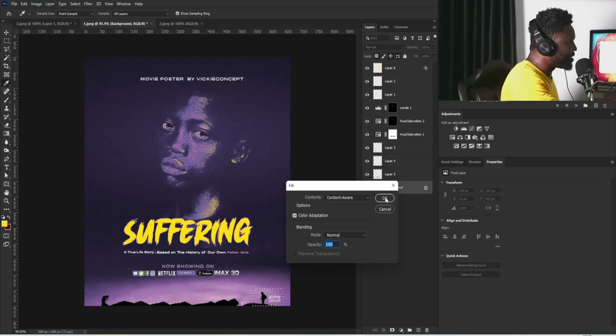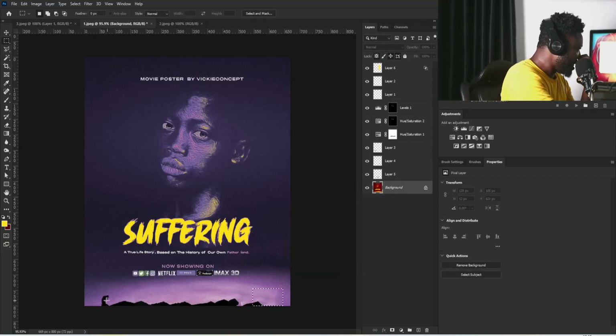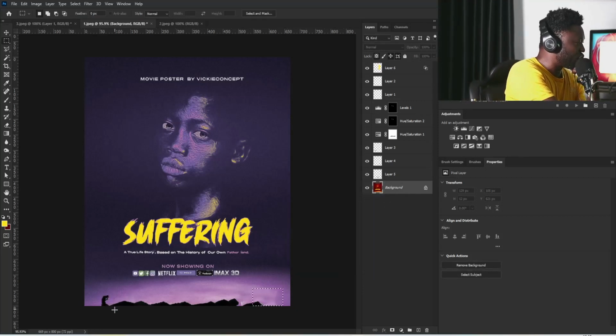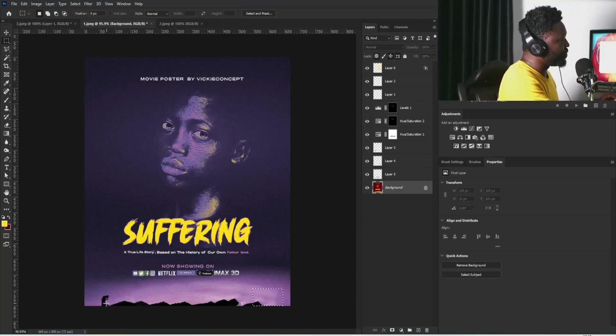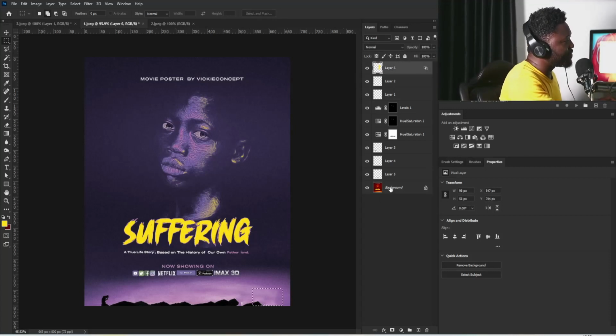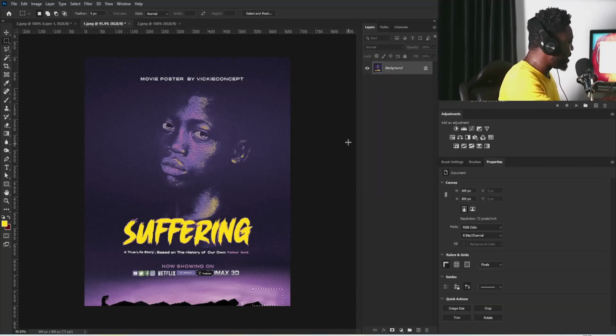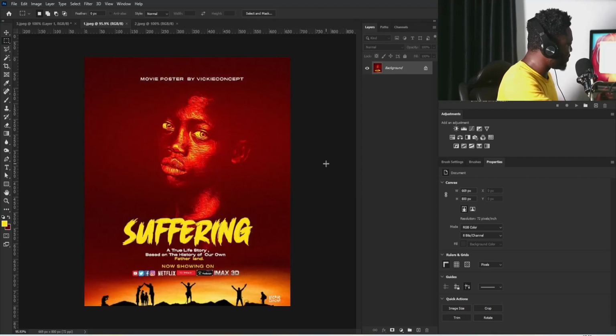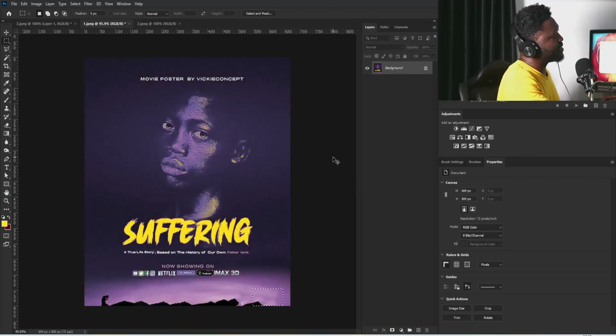The reason I decided to leave this dude here is because he looks more like somebody who is suffering, so this alone will help the look of the movie poster. So let's see the before and after. If I hit Control E now and I hit F12, I guess, yeah, this is the before and this is the after.